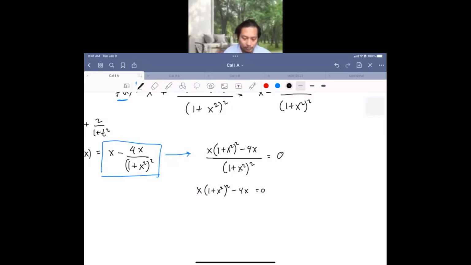Or if you would like to take the expansion, we could take it into x plus 2x cubed plus x to the power of 4 minus 4x equals 0. So maybe this will be x to the 4 plus 2x cubed minus 3x equals 0. And x cubed plus 2x squared minus 3 equals 0.